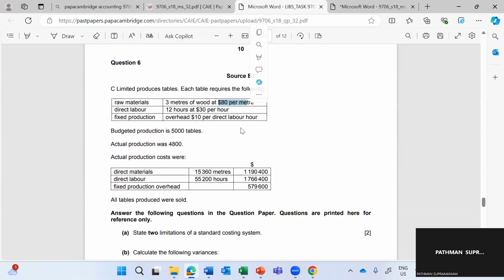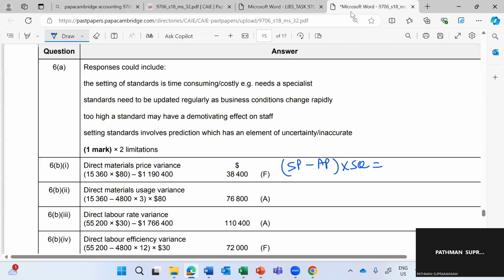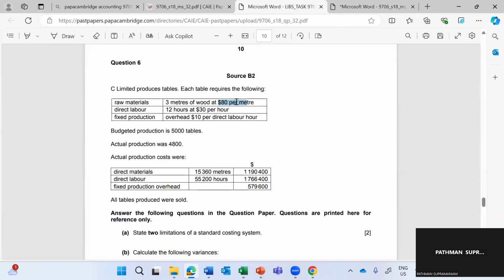Okay. So here they have worked it out another way, but which will still give you the same answer. I'll work it out the usual way. So standard price is $80. Okay, actual price, which means actual price per meter is 1,190,400 divide 15,360.